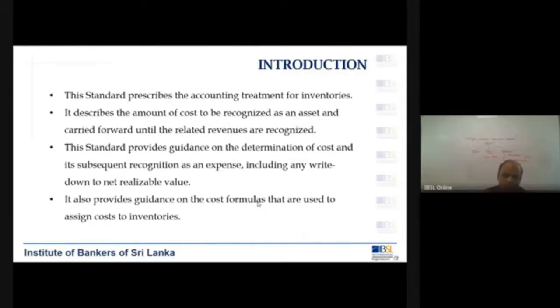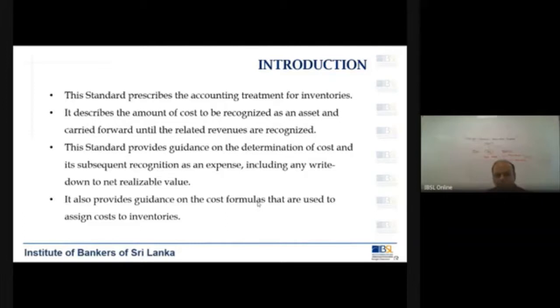So once they decide to sell these assets, or there is a demand for them, they will sell it. When they sell it, they will have a markup. With the markup only, they will sell the product. That is where they make profits. So it's a complete process. When you look at the entire thing, it is a complete process.